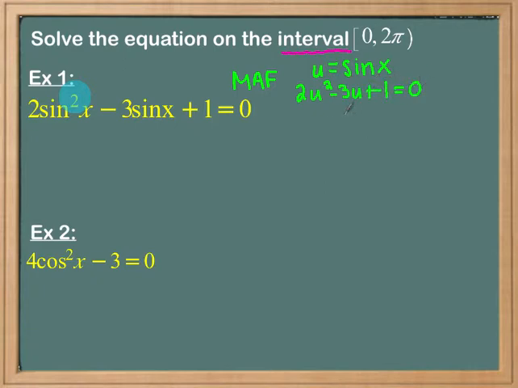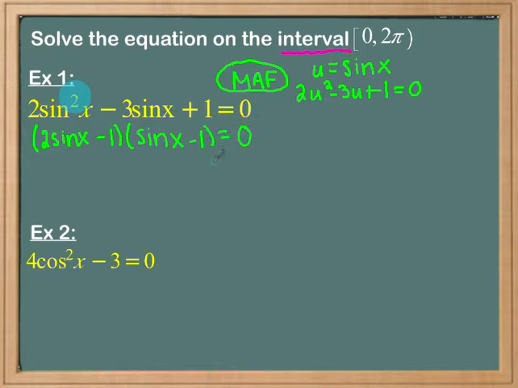And so you could go ahead and MAF, or if you could just look at it, that's good as well. And we're going to go ahead and factor that. What it ends up being when we resubstitute sine of x for u is 2 sine of x minus 1 times sine of x minus 1 equal to 0.